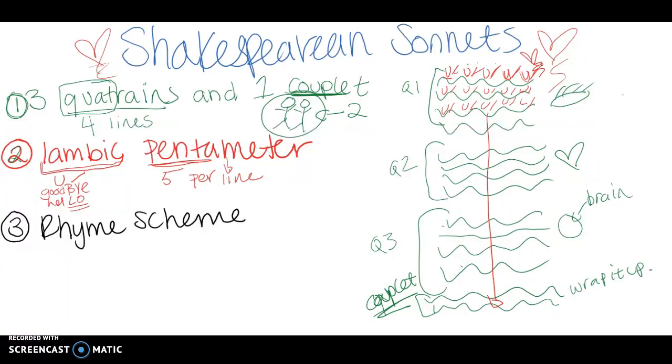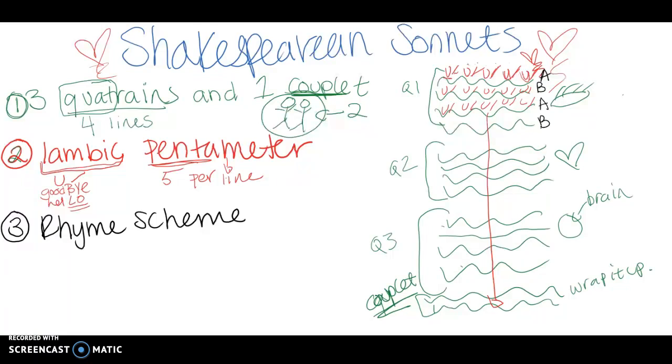Finally, each poem has to rhyme, and Shakespearean sonnets have a very specific rhyme scheme. The last syllable of the first line of each quatrain always rhymes with the last syllable of the 3rd line. The last syllable of the 2nd line always rhymes with the last syllable of the 4th line.